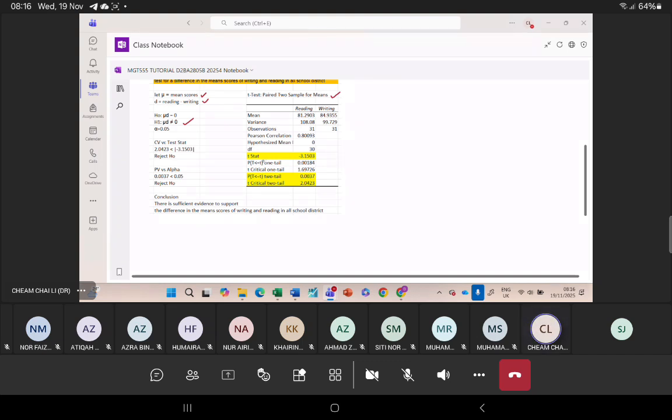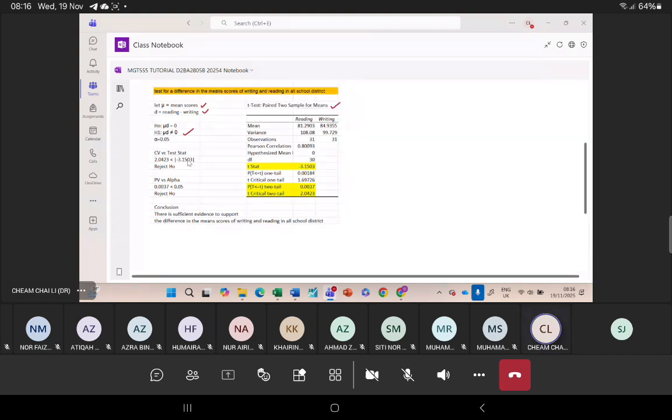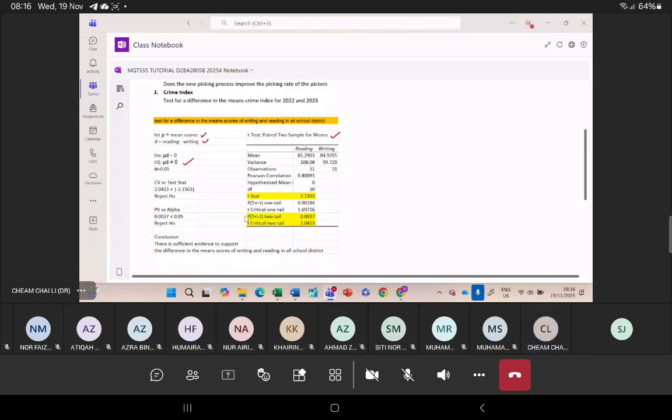Did you notice what's the difference between Hana's group and Husna's? You see, Husna's got negative, right? Why? Because Husna's group used reading minus writing.